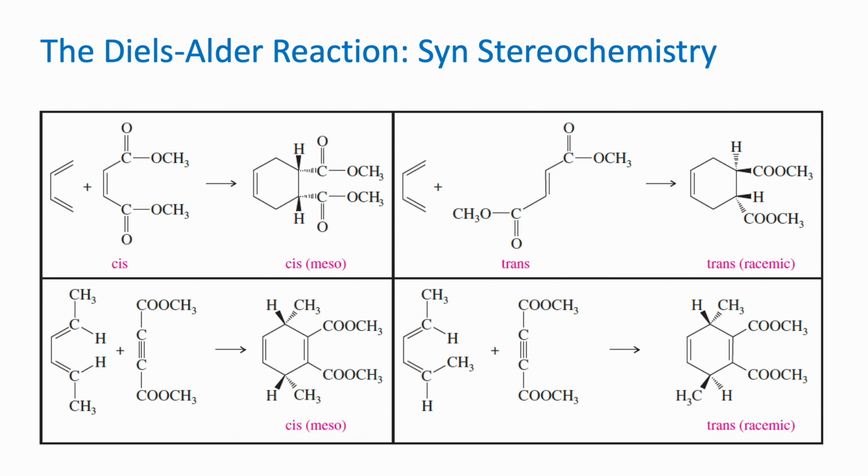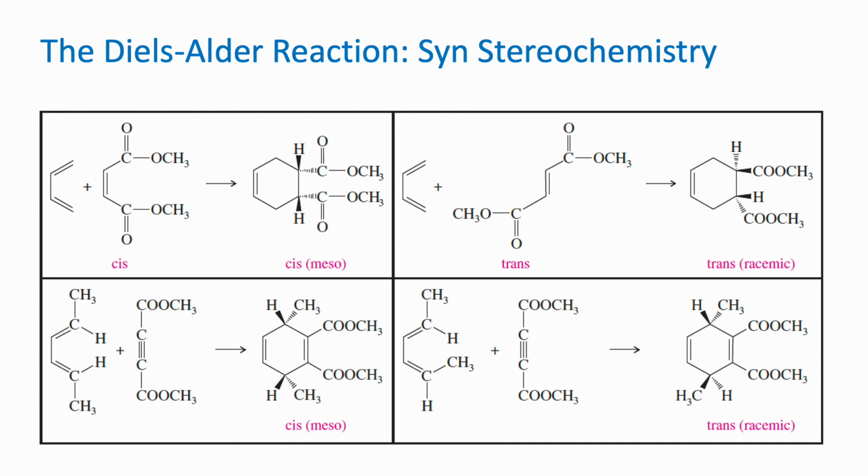On the bottom carbon, we have a methyl group that points straight down on our diene. In those positions on the diene, they're going to end up as dashes. They're both in the same position on the diene, so we would consider that to be kind of a cis orientation because they're both the same, right? So then in the product, they're also going to be the same.